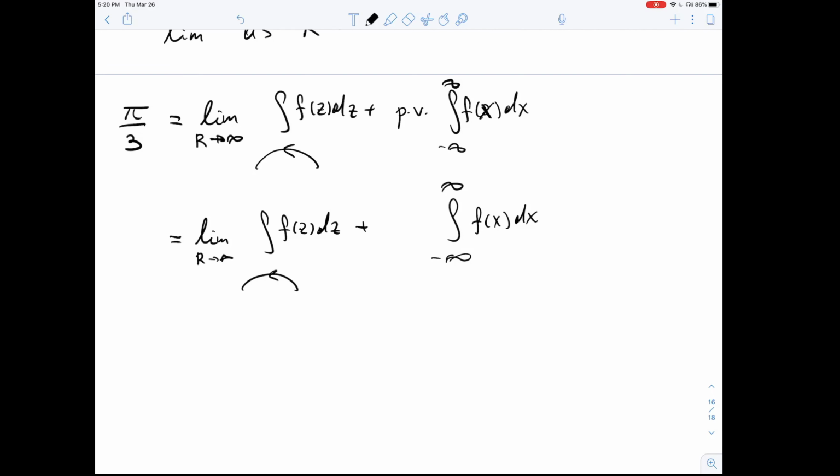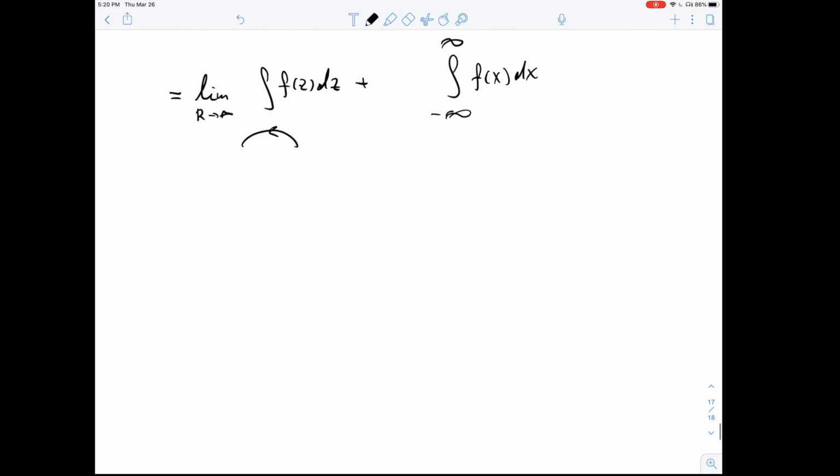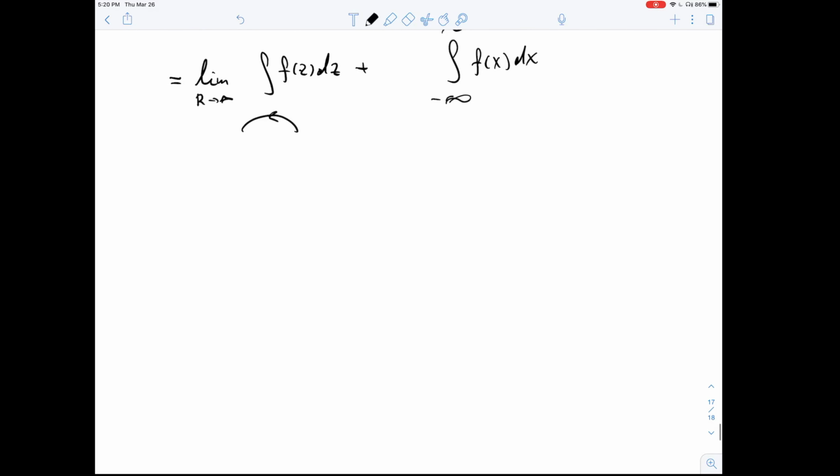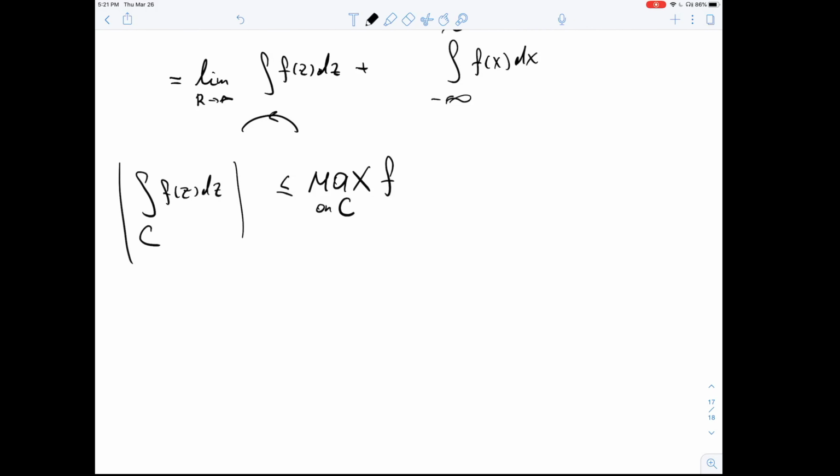And unfortunately, the only way to prove it is to recall our estimate of integrals. So let's recall, how do we estimate an integral? It's less or equal than the maximal value of f on C times the length of C.